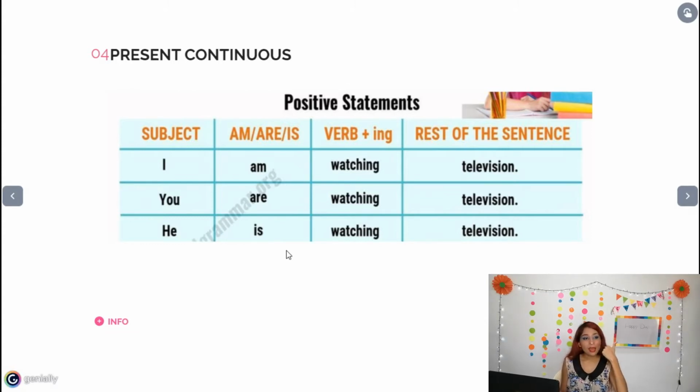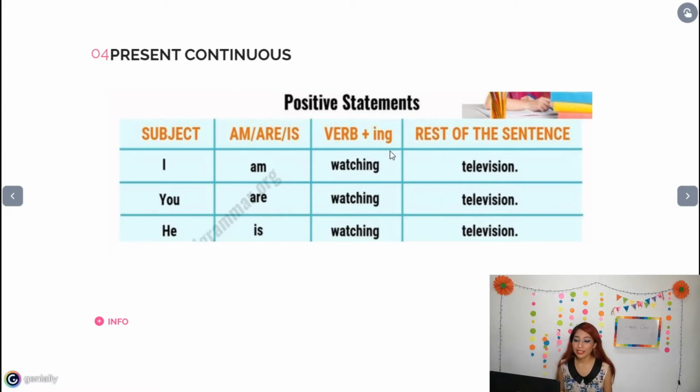It can be use, draw, color, glue, cut, paste, and what other? Listen, but these verbs need to be in gerund. For example, watching, using, listening, drawing, gluing, etc. All those in gerund, ing.